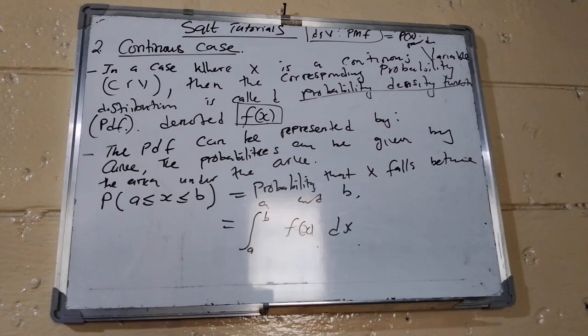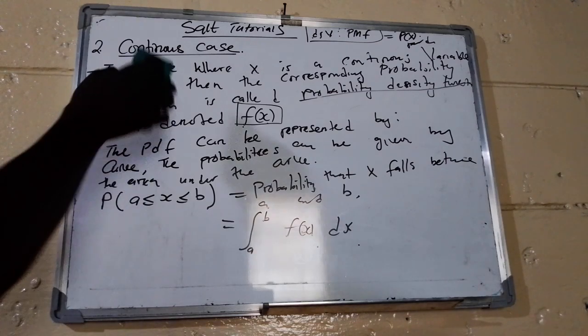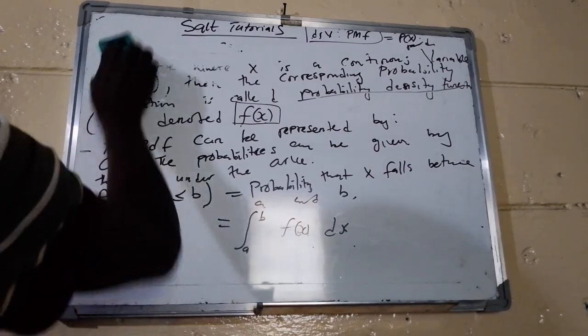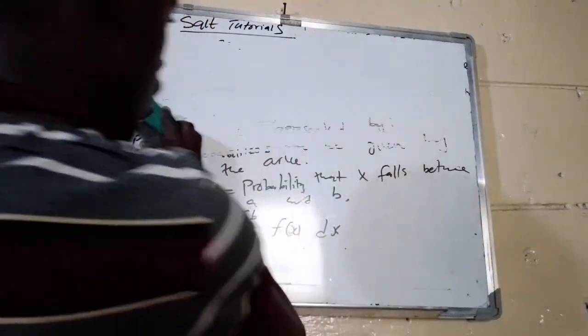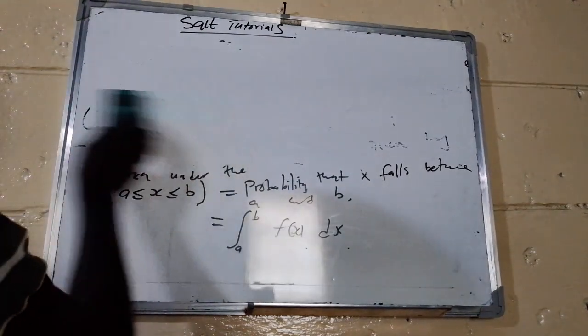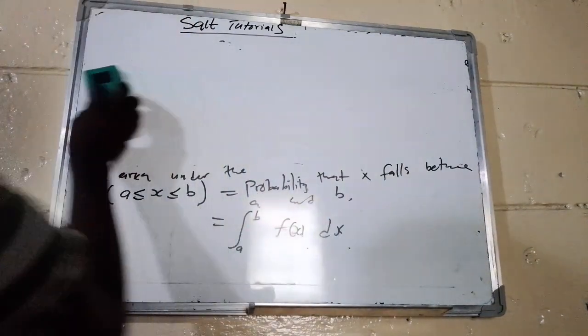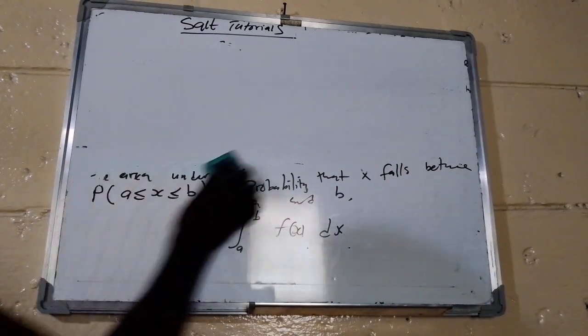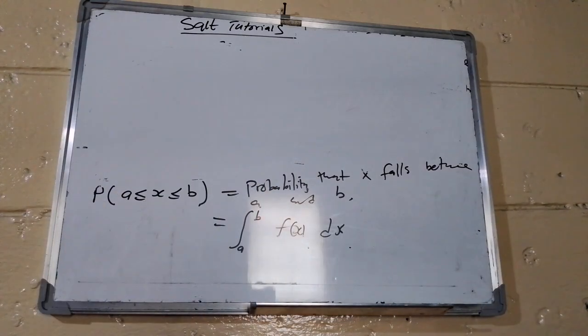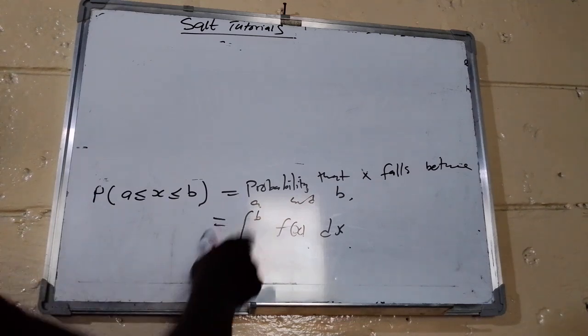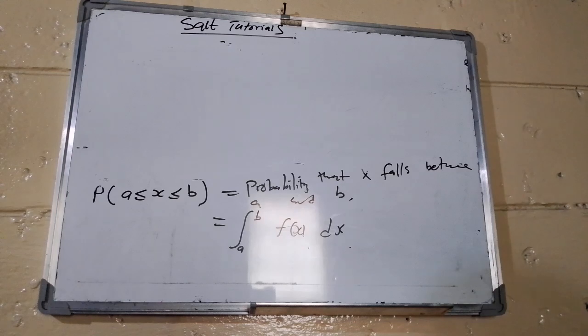So now we have this formula where the probability of a < x < b, which is x following the values a and b, is the integral from a to b of f(x) dx.